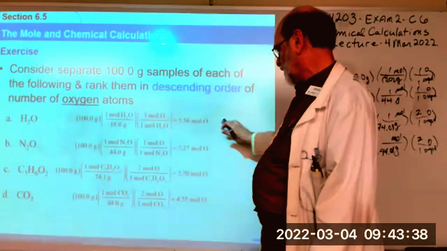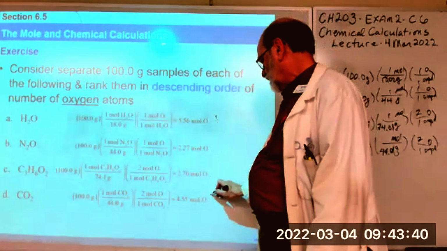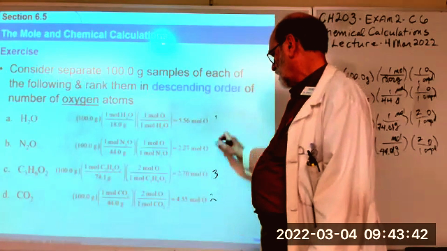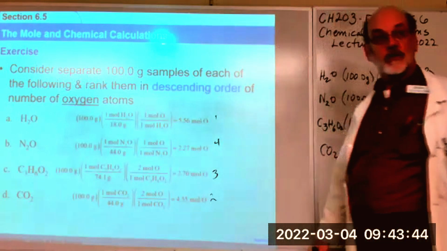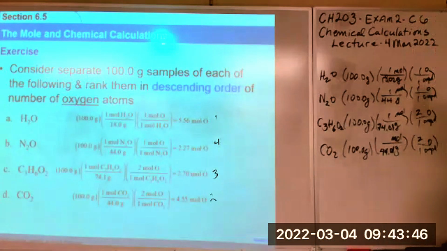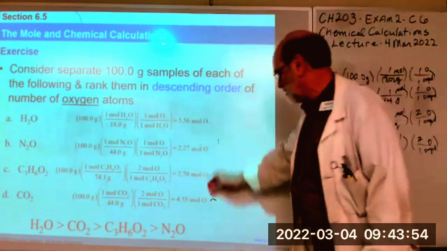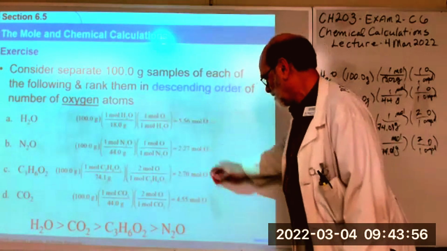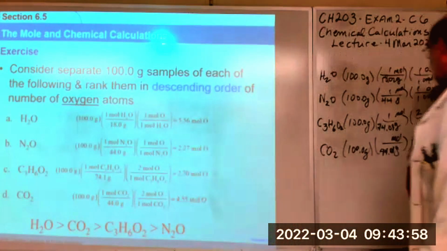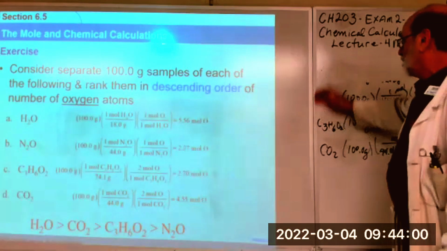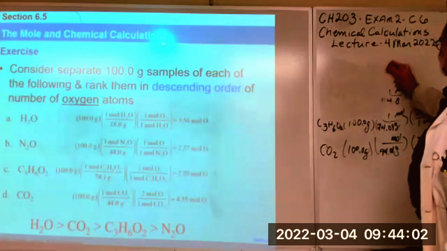So the first one would be this one, and that one, and this one, and then that one, in that order. There we go. So that's how I set up an assembly line. And it's usually pretty easy to recognize when you need an assembly line.